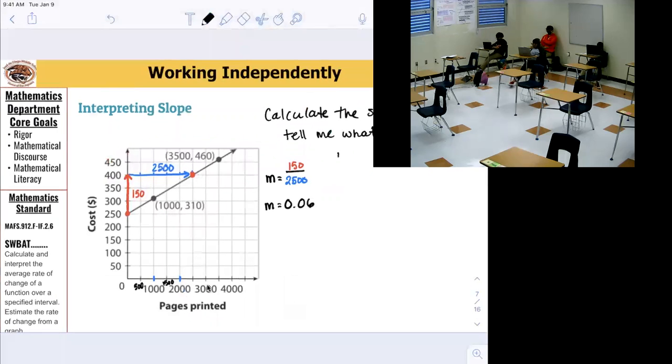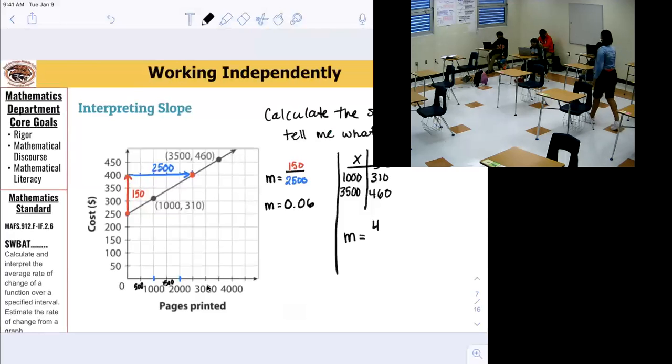Super quick, I'm going to use my formula instead, and I'm going to use the values that they labeled for us in the graph. So the values they gave me were 1,000, 310, and then 3,500, 460. And when I plug that in, I should get the same answer. I should get 0.06.